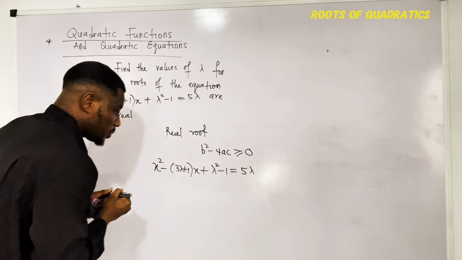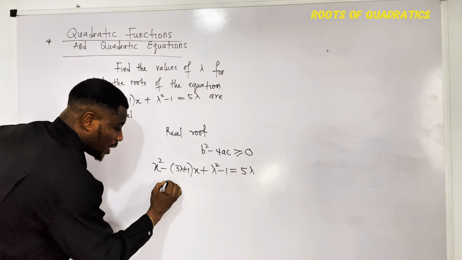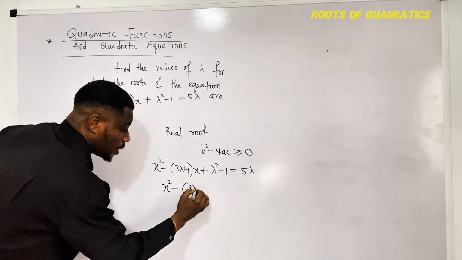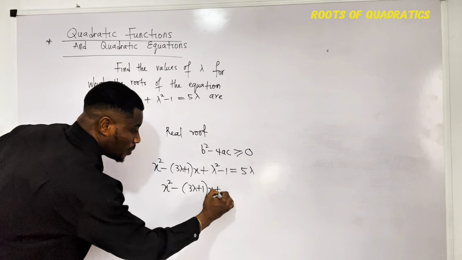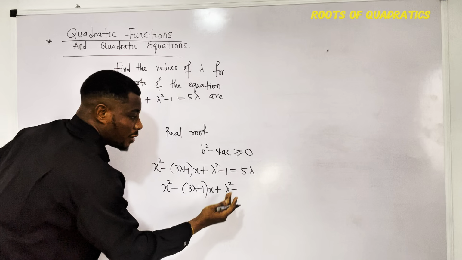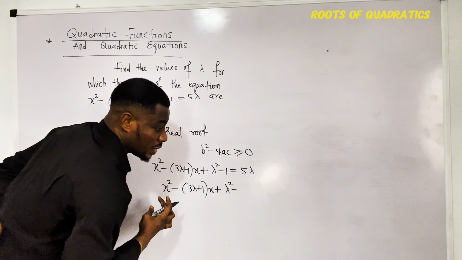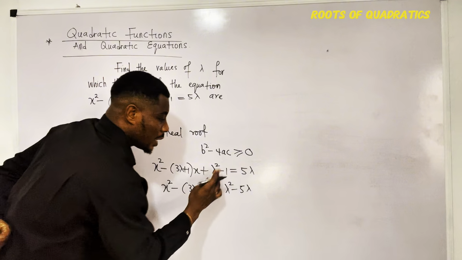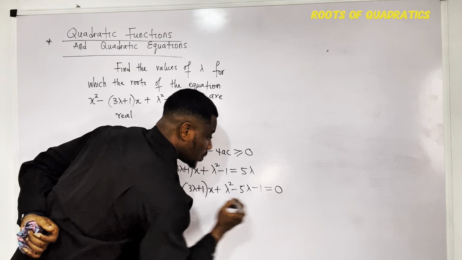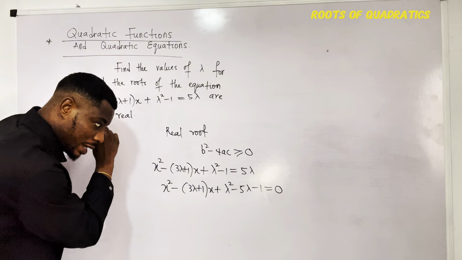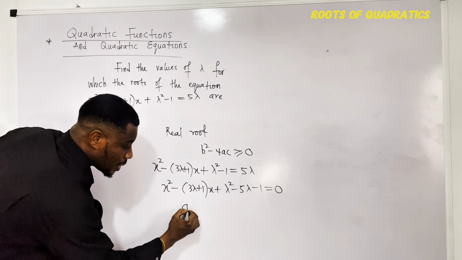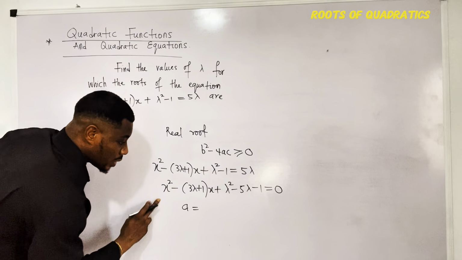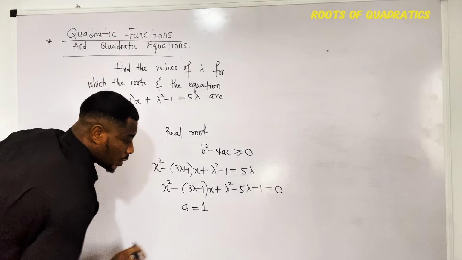Doing what I just said, we have x squared minus (3 lambda plus 1)x plus lambda squared. Now, if I bring down this 5 lambda across the equal sign, it gives me minus 5 lambda. Then negative 1 equal to 0. At this point, our A is what is standing close to x squared, which is 1.